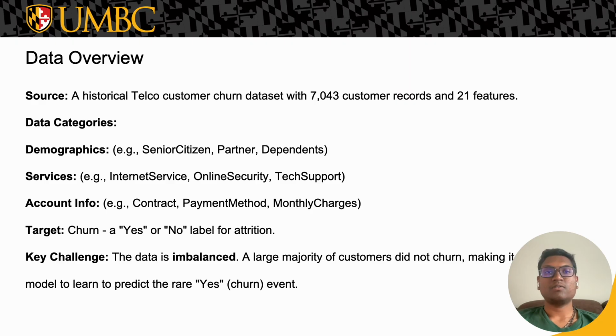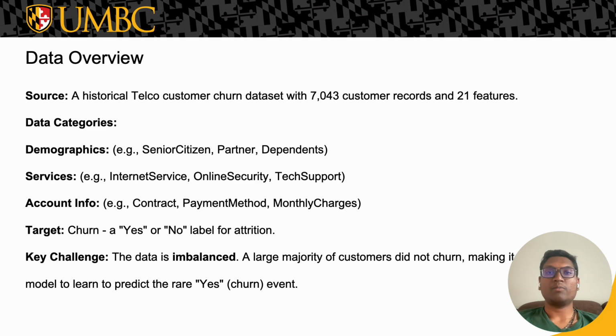These features fall into three categories: demographics, such as senior citizen, partner, and dependents; services, which include things like internet service, online security, and tech support; account info, like the customer's contract type, payment method, and monthly charges.